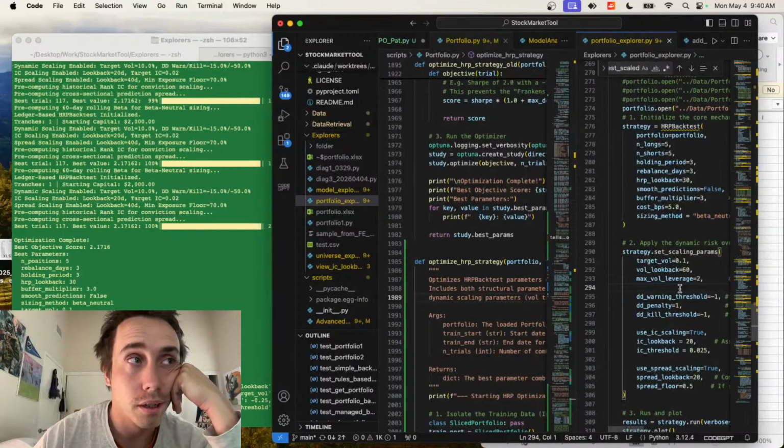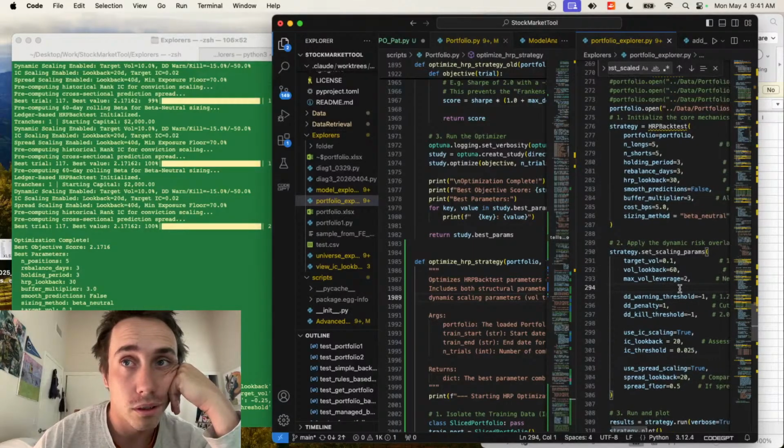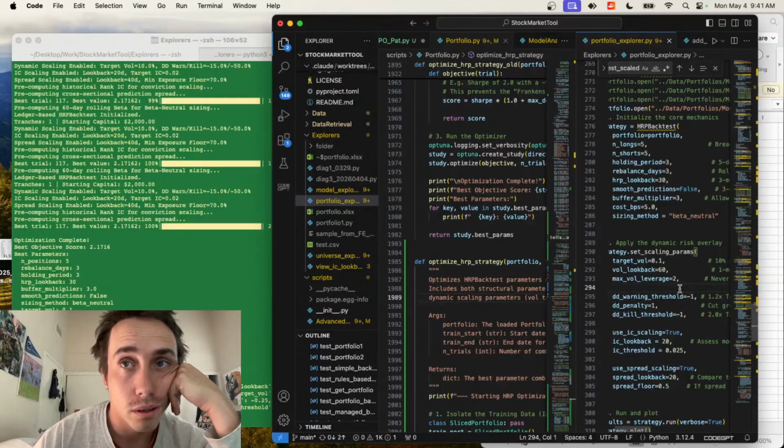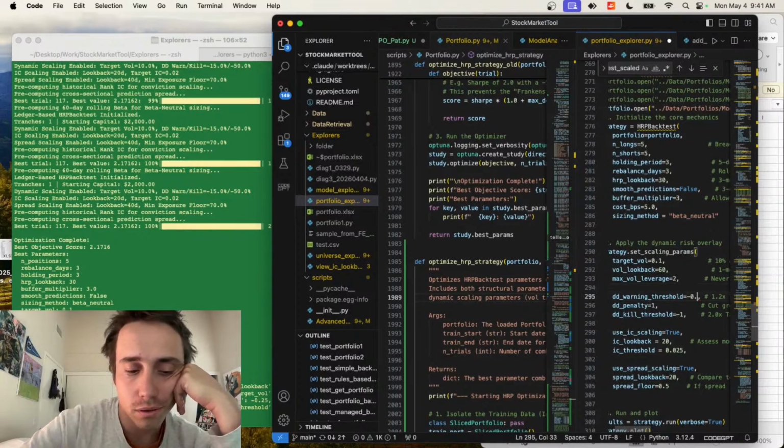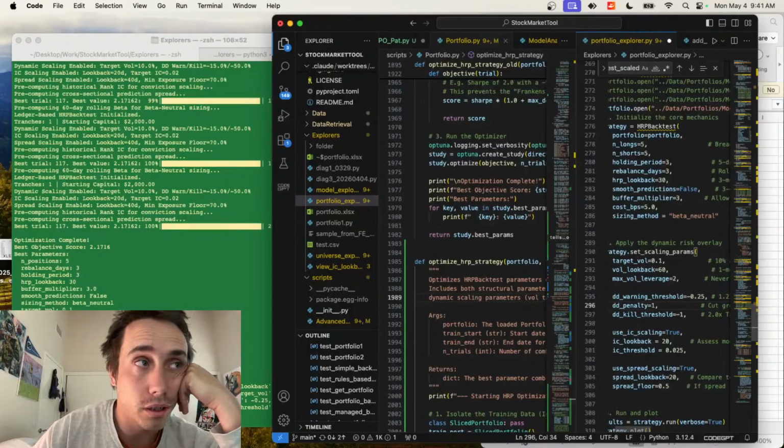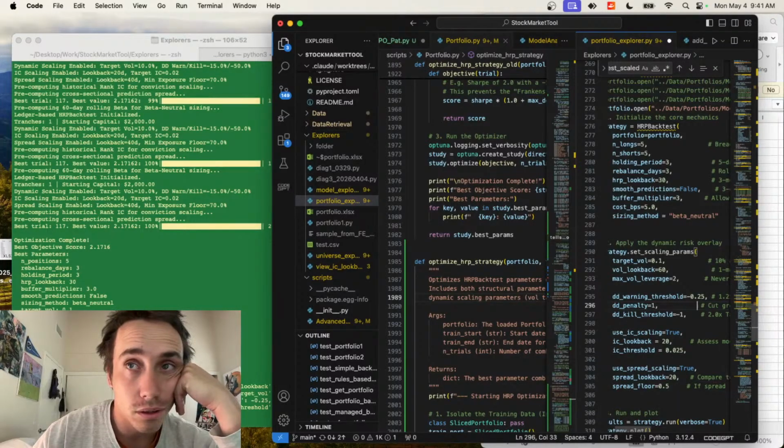But anyway, use drawdown scaling is true. Drawdown warning threshold minus 0.25. Drawdown penalty 0.75.